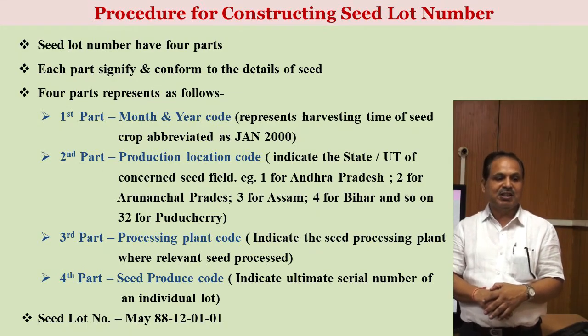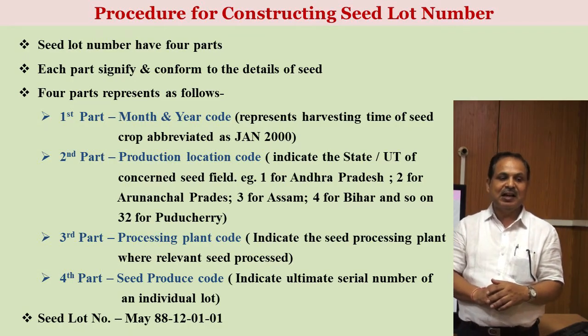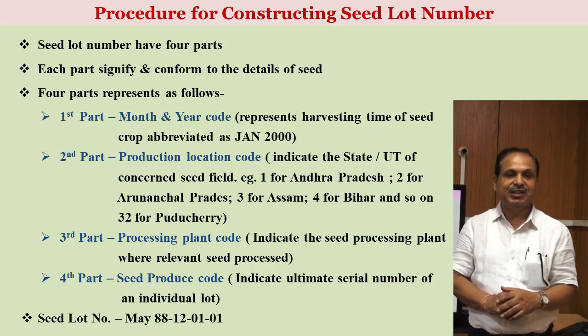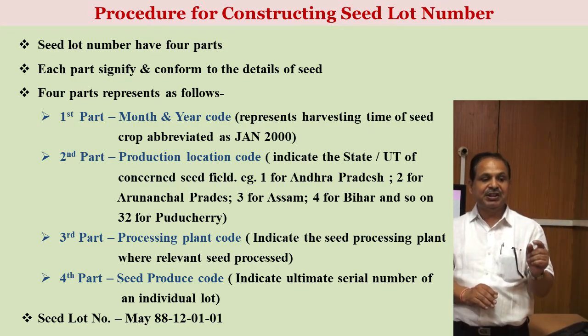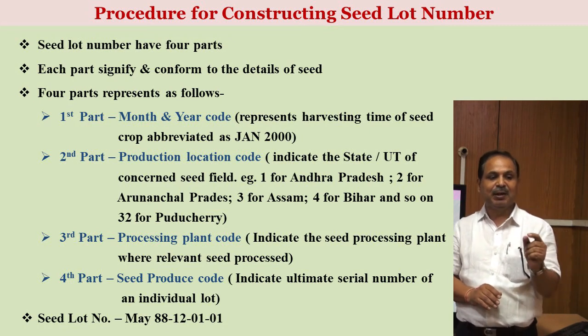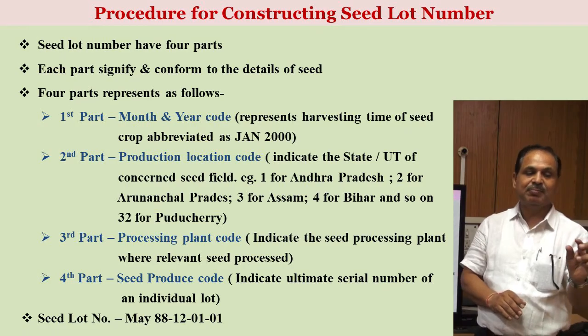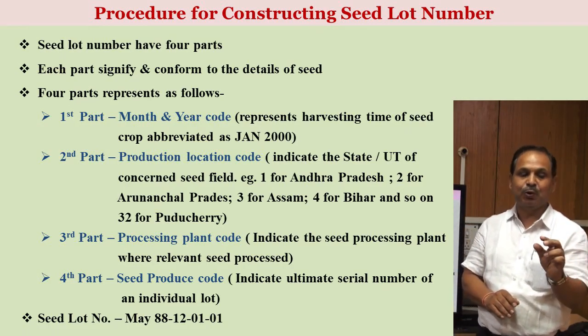The first part is the month and year code. It represents the harvesting time of the seed crop, abbreviated like JN, January 2000.